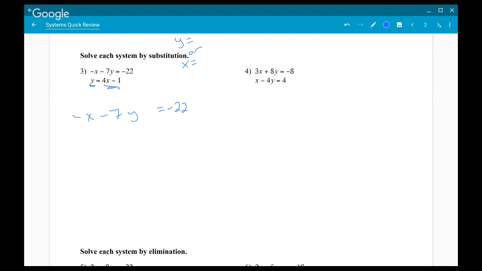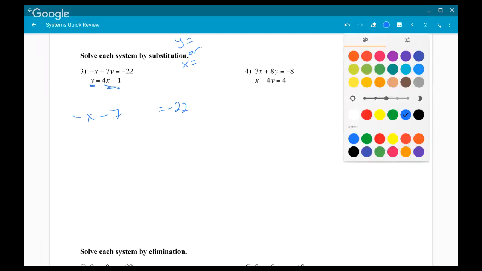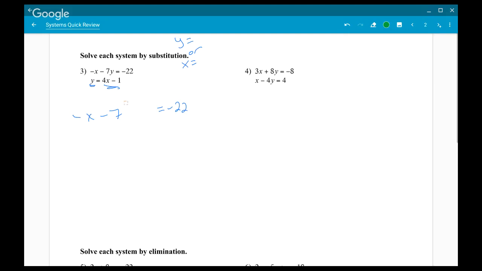You are going to get rid of the y, because I have y equals in the other equation. So I'm going to get rid of the y, and in its place, I'm going to put 4x minus 1.